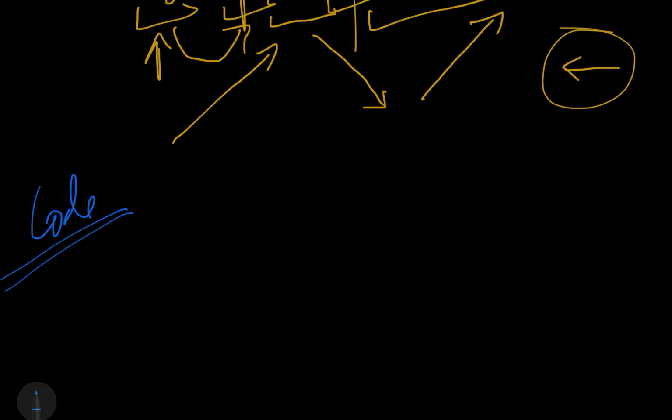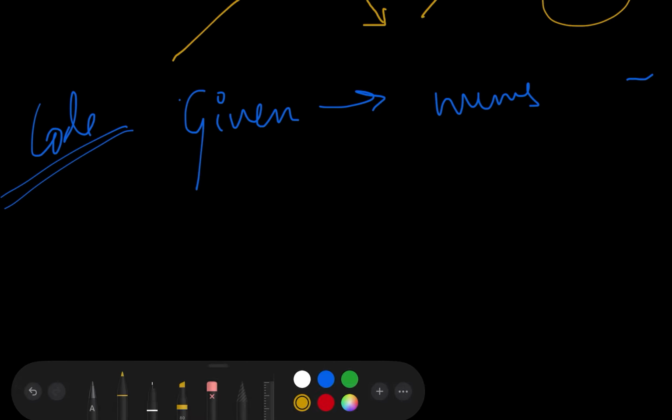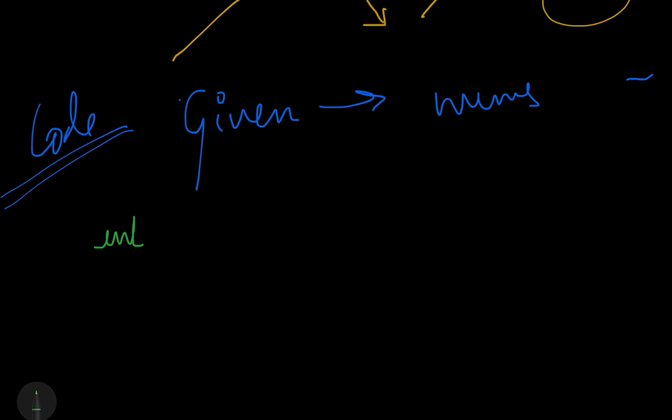Now let's see how we code it. What we have been given is a nums array. Now first, we know our n, which is nums dot size.